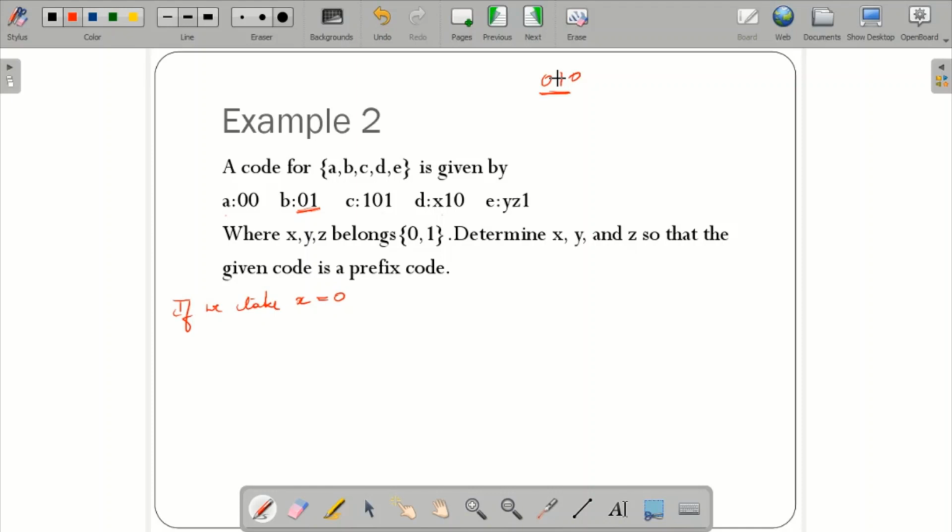So if we take X equal to 0, then the code for D reads 010, which contains the code 01 for B as a prefix.